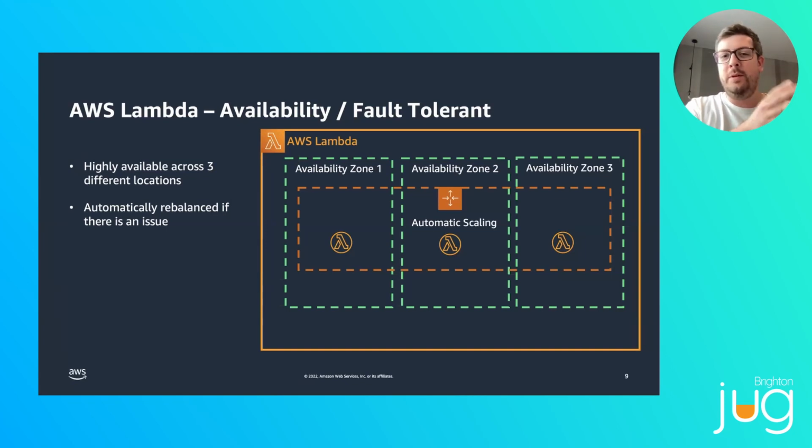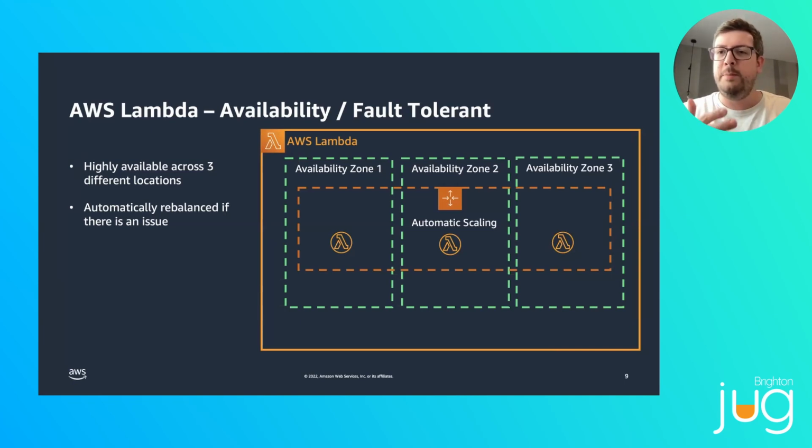Availability zone 1 is a set of data centers or a data center. Availability zone 2 is a completely separate location, separated by a physical distance, so that one power outage or one natural event doesn't affect another. Typically AWS regions have 3 availability zones, so you have a very high level of fault tolerance.